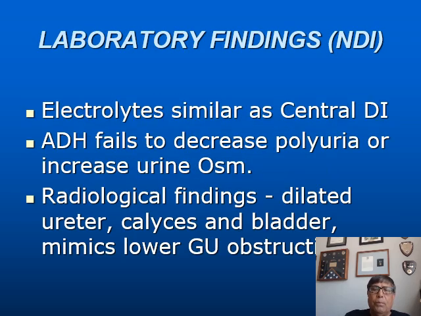On laboratory testing, serum electrolytes will be very similar to central DI, borderline or clear hypernatremia, and serum osmolarity will be high, and administration of ADH will fail to suppress polyuria.